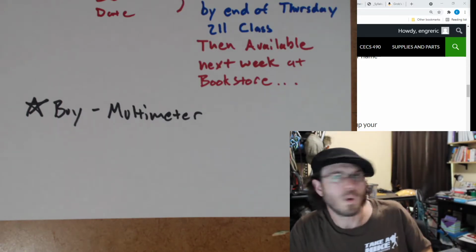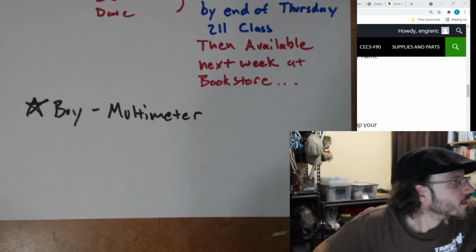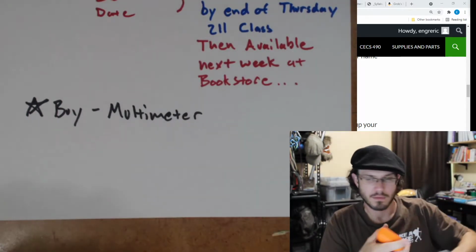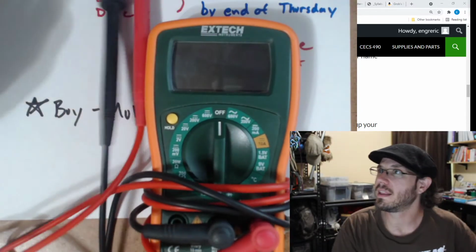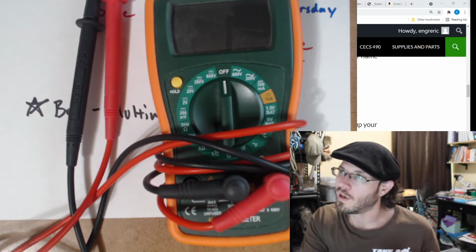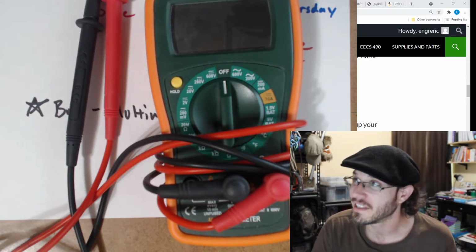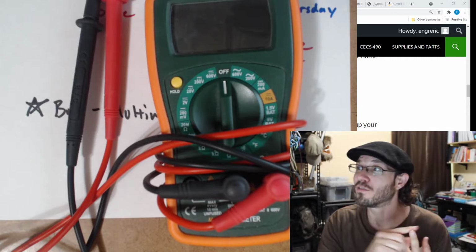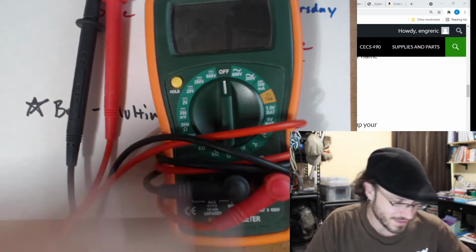Multimeter. Okay, what's a multimeter? One of these little guys. It measures three main quantities that we're going to be dealing with so much in this class that we're going to be sick of it. Voltage, current, and resistance.